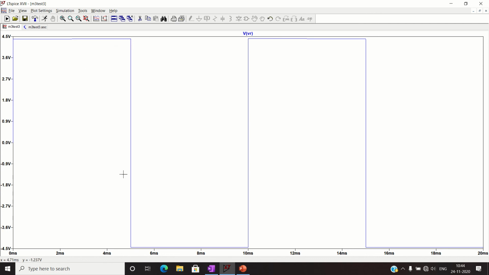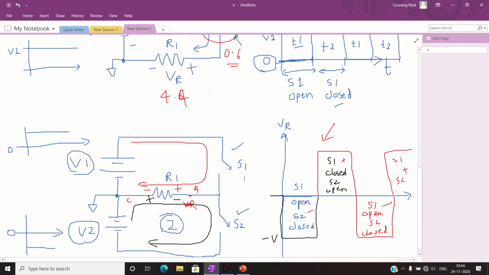Then after 5 milliseconds, it goes to the bottom, minus 4.5. So there is an alternate change between positive and negative. That is the functionality, and it all depends on how you manipulate these switches.